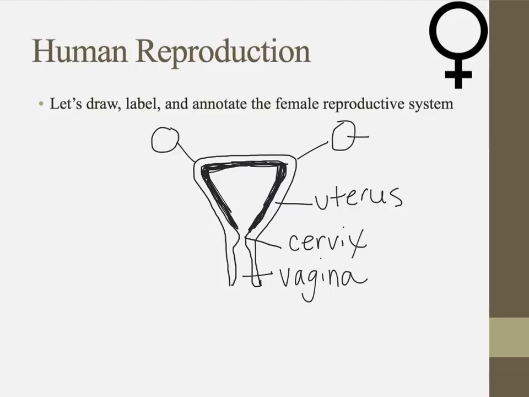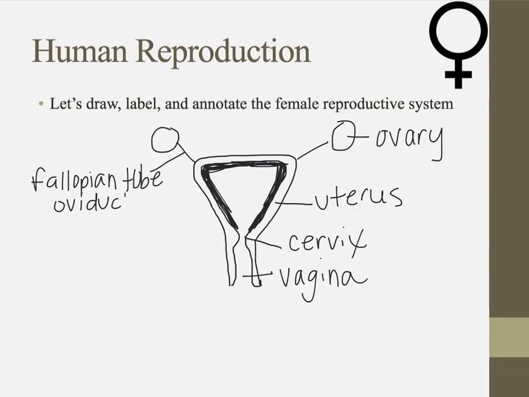Eggs and other cool things are produced in the ovary. Each ovary connects to the uterus through the fallopian tube. You also want to know the other name for the fallopian tube, which is the oviduct. Ova meaning egg, and you know what a duct is.